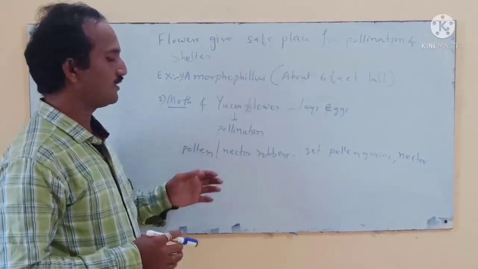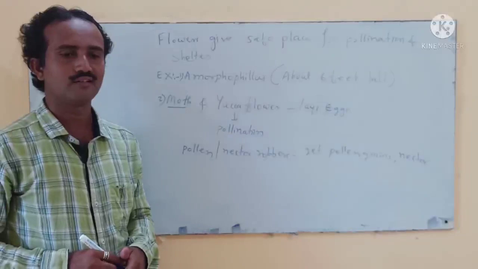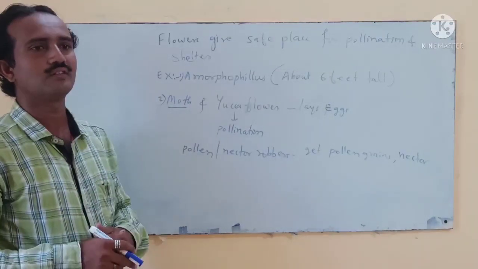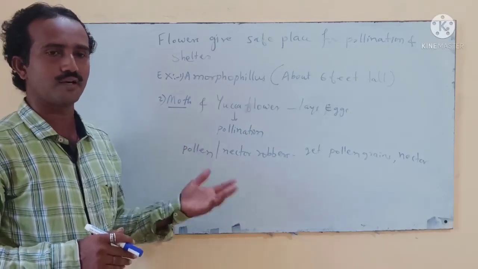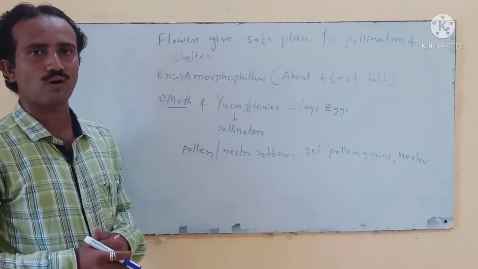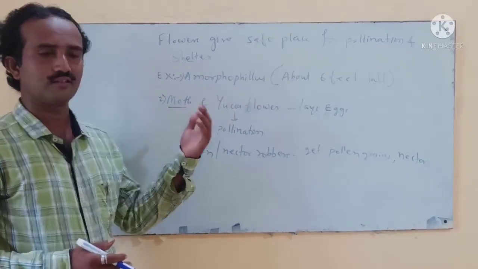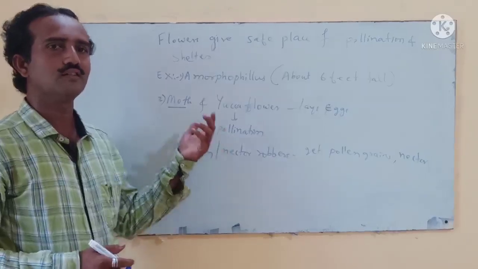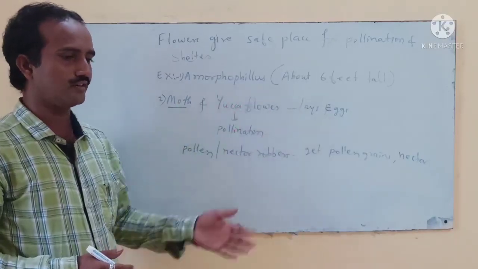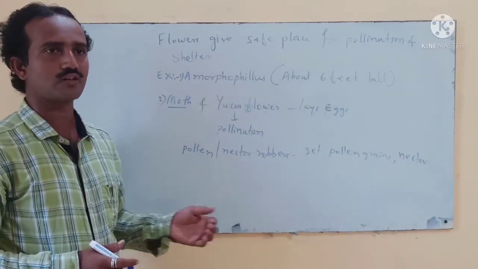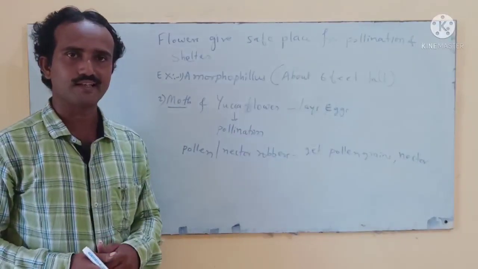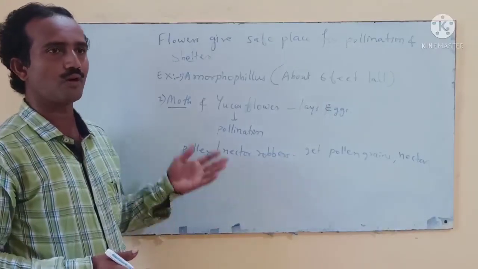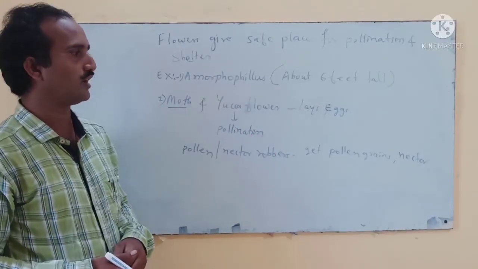Okay, so this is about the complete pollination, the types of pollination, then the types of pollinating agents, that is abiotic agents, wind as well as water, that is anemophily and hydrophily. And special examples we can take in water pollination, that is Vallisneria, a freshwater plant, and the sea grasses, marine aquatic plants, where we observe a special type of hydrophily.